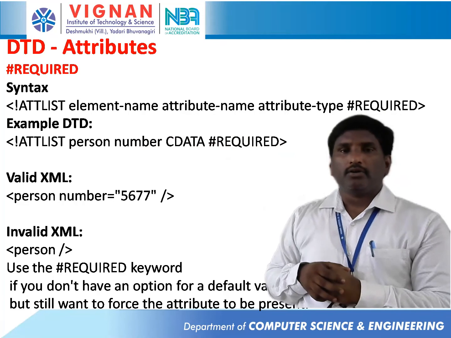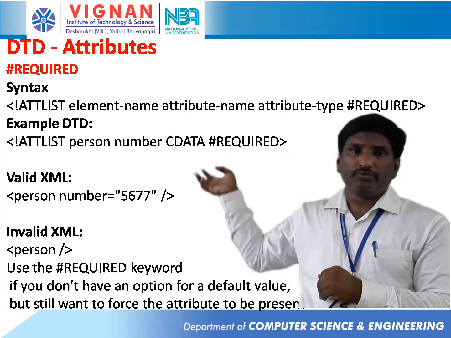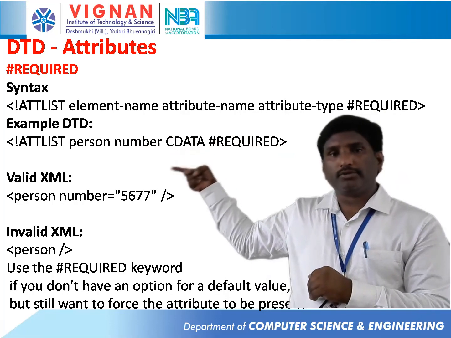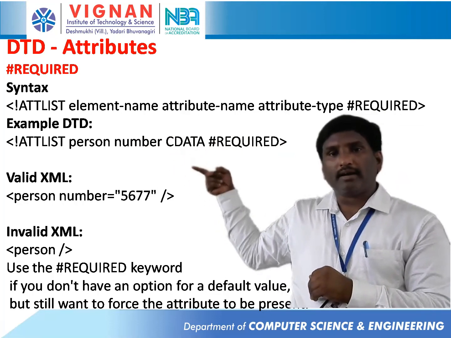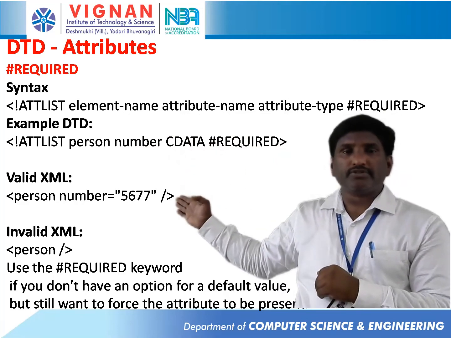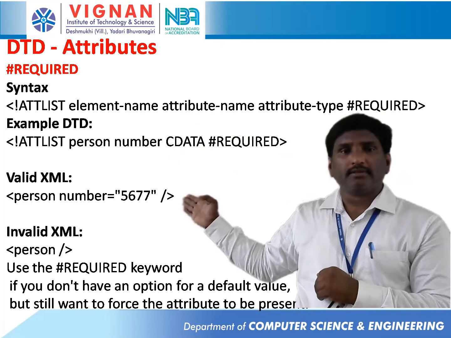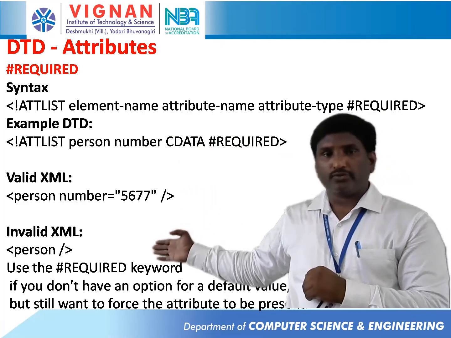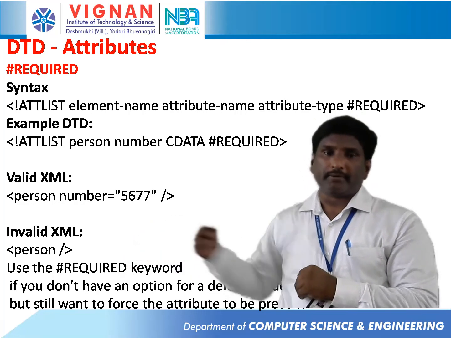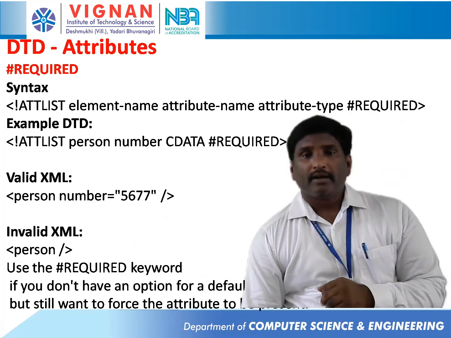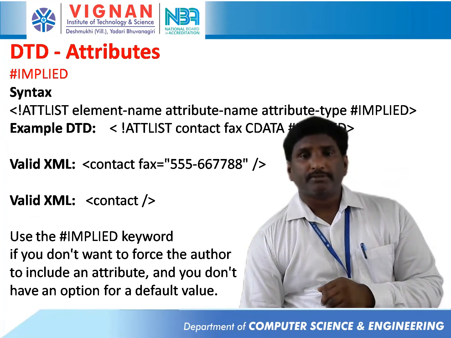So if it is required, you should use the number attribute and write the value. So this is the valid usage of person. This other XML element is not valid, because in this scenario we did not use the number. So if it is required, we should specify it.